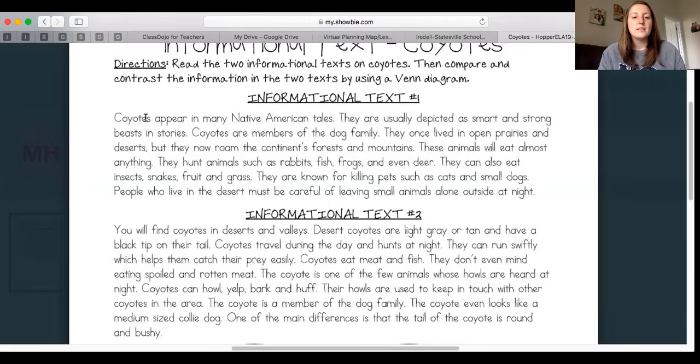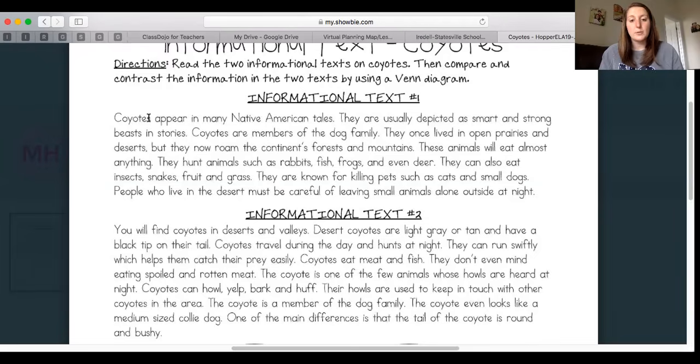Coyotes appear in many Native American tales. They are usually depicted as smart and strong beasts in stories. Coyotes are members of the dog family. They once lived in open prairies and deserts, but they now roam the continent's forests and mountains. These animals will eat almost anything.